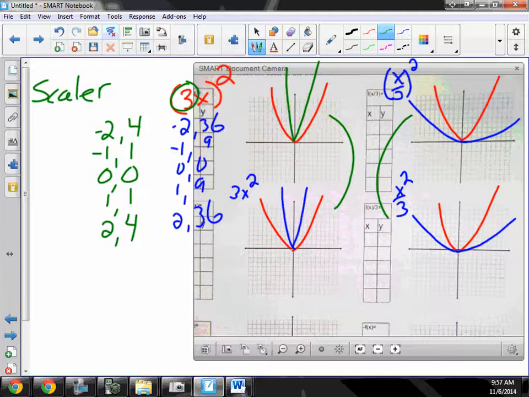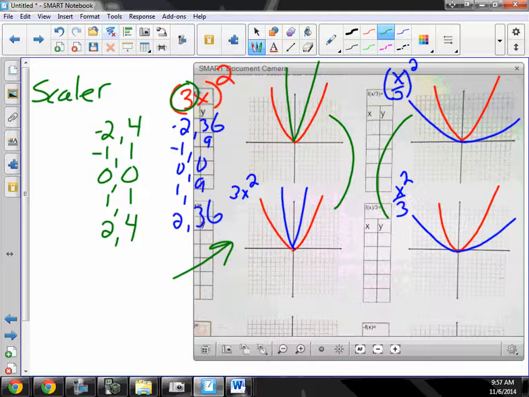So in this second graph here, we are scaling the y's by 3, which means we're going to stretch the y values 3 times higher than they were before. And that's why 3x squared is thin. But up here, we're going to scale the x's by 3. But the scale factor inside works backwards, so that means we're going to smash the x's 3 times thinner than they were before.